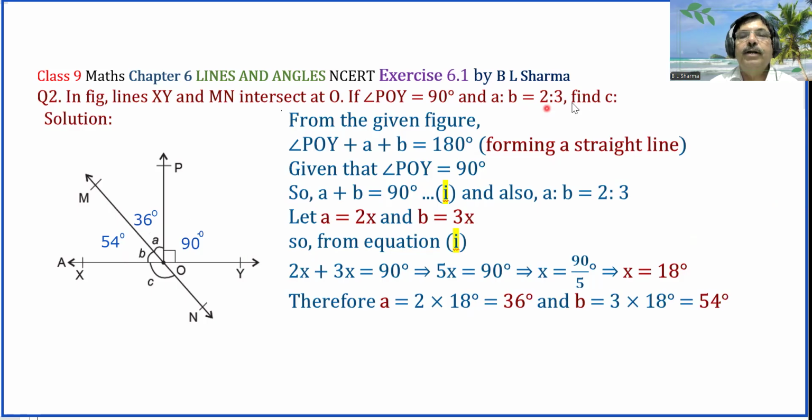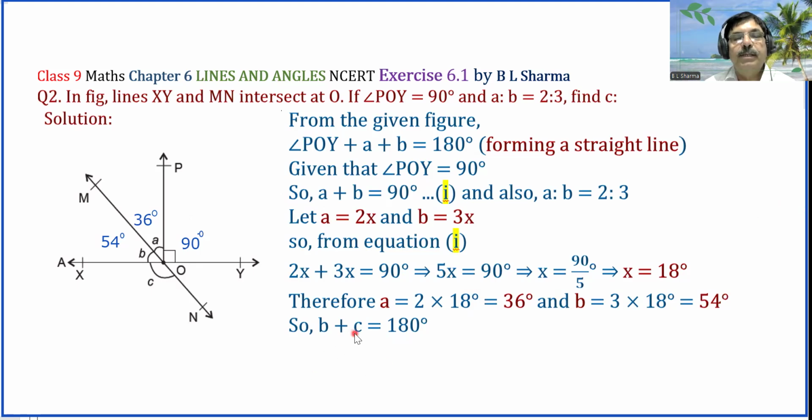But now we have to find out the value of angle C. We know that the two angles B and C are forming a straight line. That is why angle B plus C will be 180 degrees. Their sum will be 180 degrees. So we can write angle B plus C is equal to 180 degrees, but in place of angle B, you put 54.